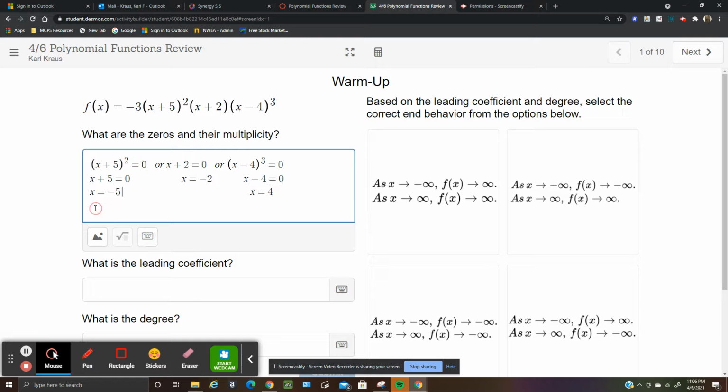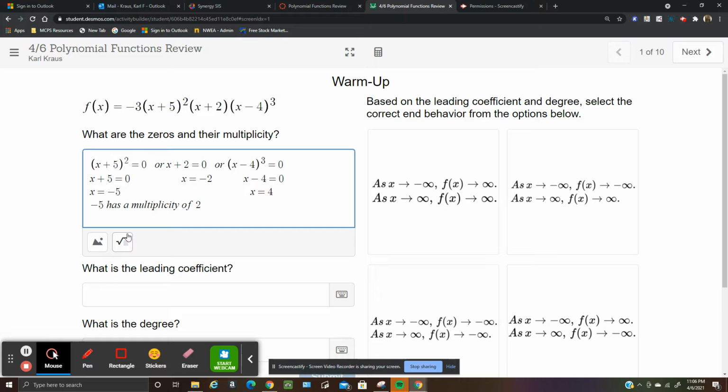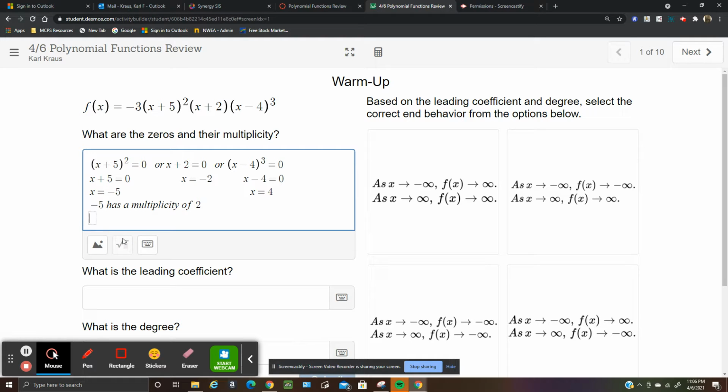And then give the multiplicity of each 0. Negative 5 has a multiplicity of 2. And negative 2 has a multiplicity of 1.